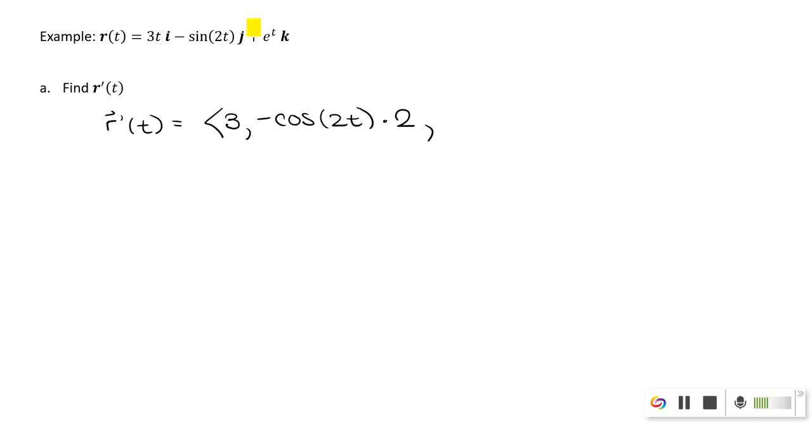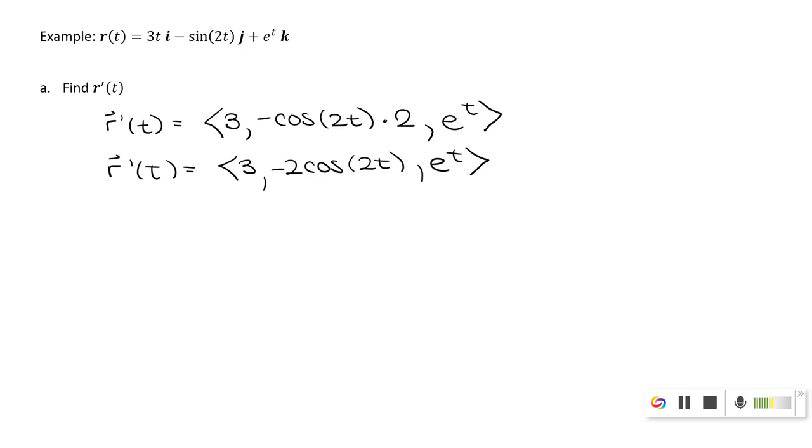For the j component, I have negative sine of 2t, so I have to use the chain rule. I get negative cosine of 2t, and then times 2. That times 2 is my chain rule. And finally, the derivative of e to the t is e to the t. And that's my answer. My derivative is a new vector-valued function: 3, negative 2 cosine 2t, and e to the t. And that's it.